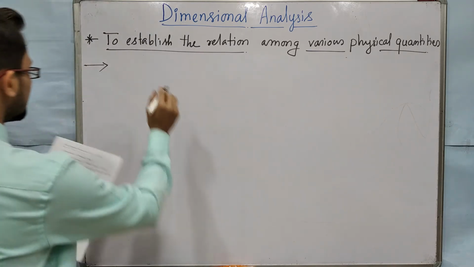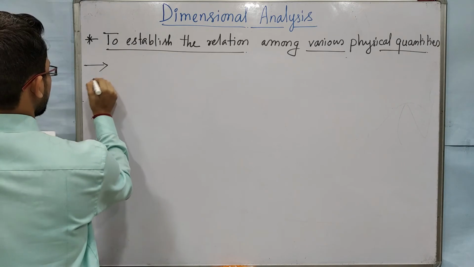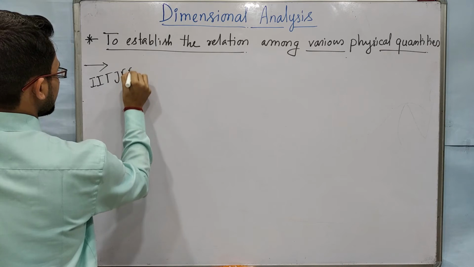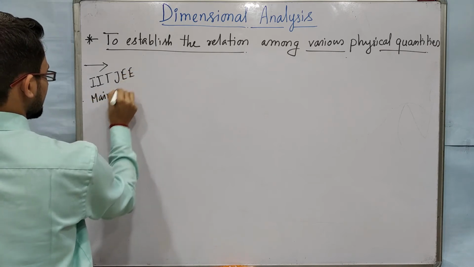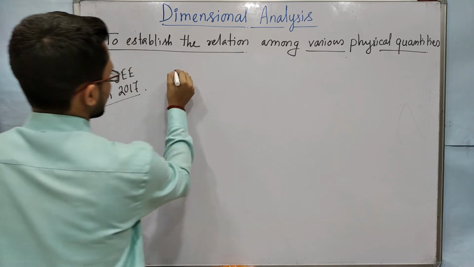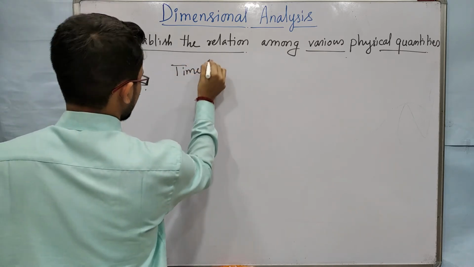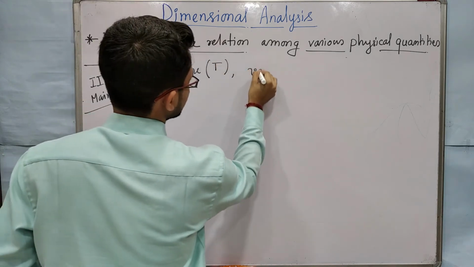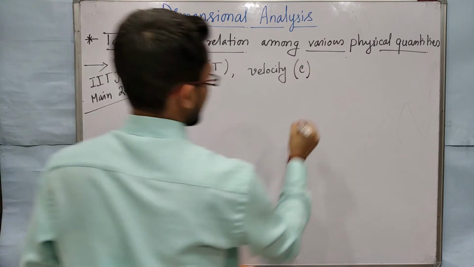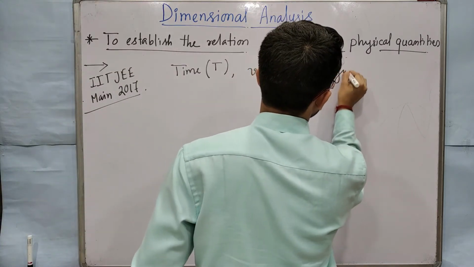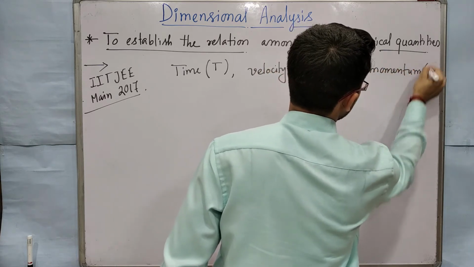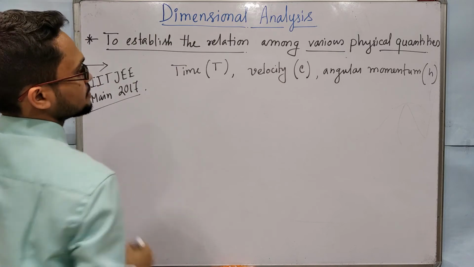Here is one question which came in IIT JEE Main 2017. Here it is given that time T, velocity C, and angular momentum H are the basic physical quantities.